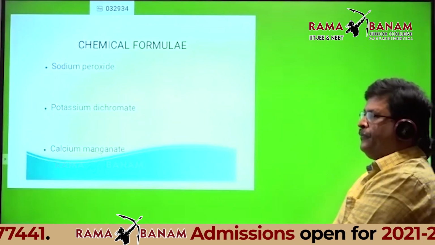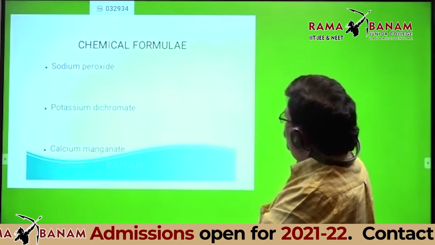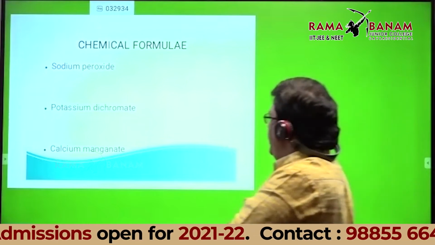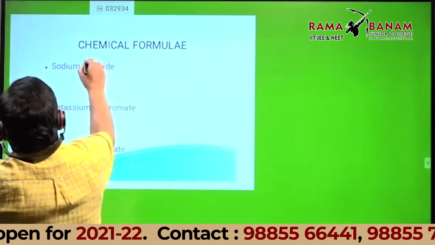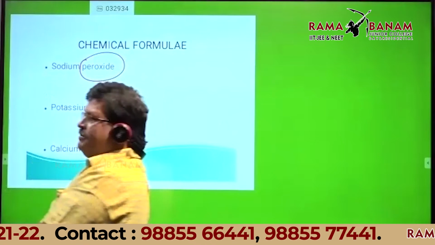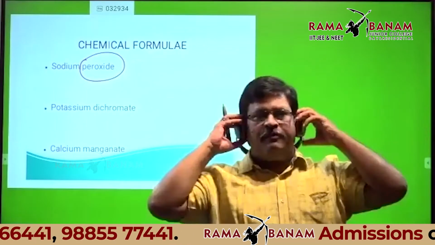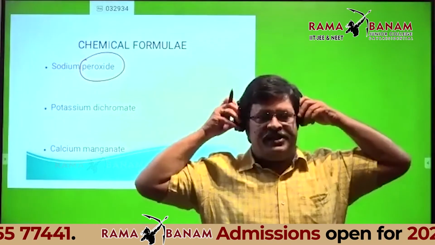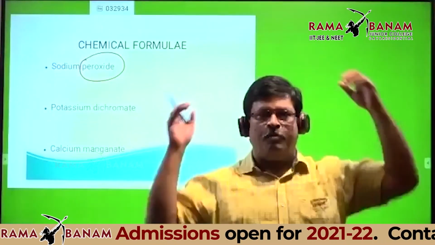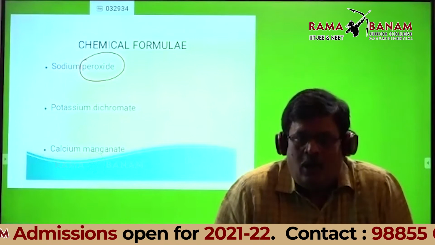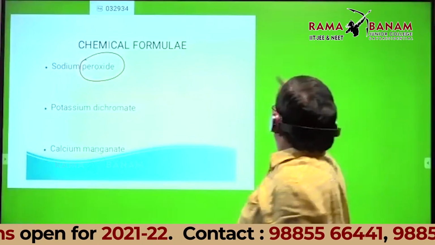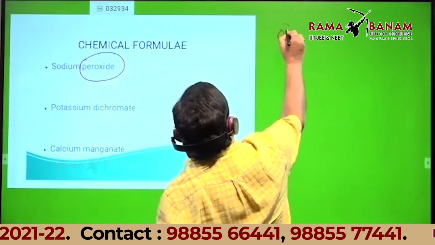Na2O2. Wait, students, please mute all of you. Mute your mobile. Yesterday I gave three formulas. One is oxide, second one is peroxide, third one is superoxide. Oxide ion is O2 minus.